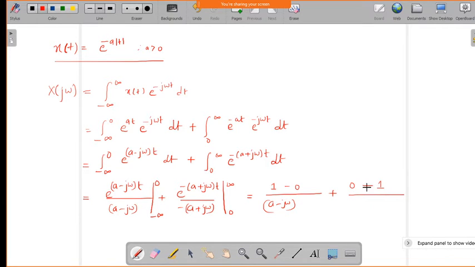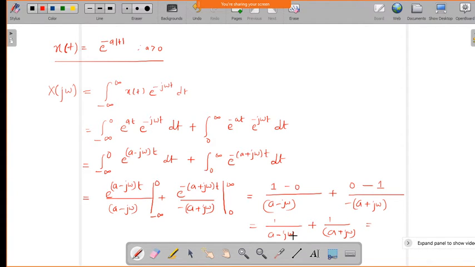So it is minus of the value 1, divided by minus of (a plus j omega). Now the minus 1 and minus cancel and you get 1 over (a plus j omega) plus 1 over (a minus j omega). Sorry, this is a minus j omega here, and this one is a plus j omega.